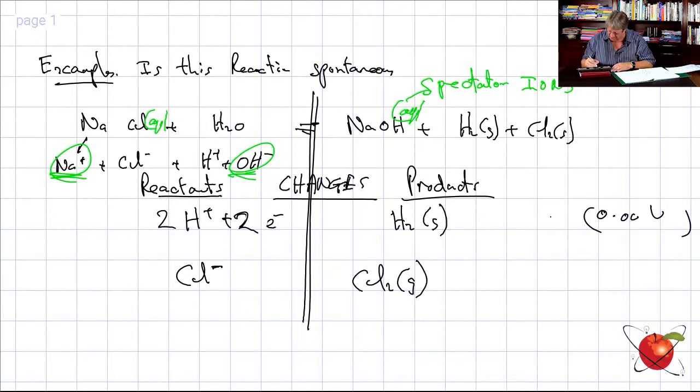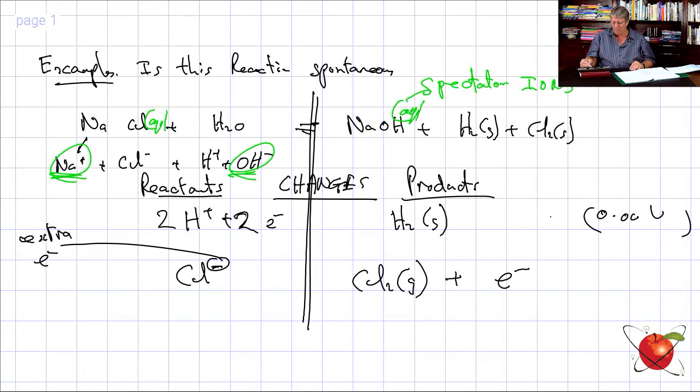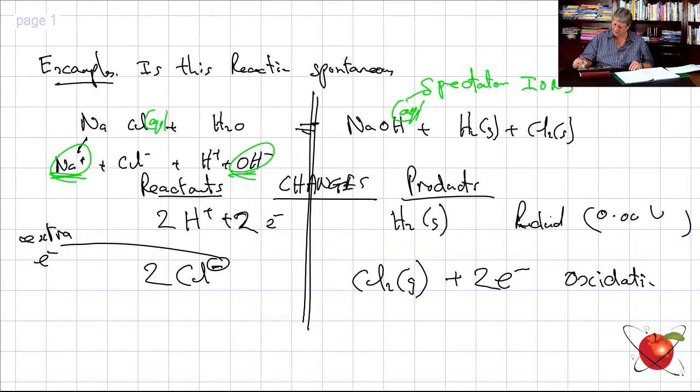So if it changes to the gas, it must lose an electron. But in order to form Cl2, there must be 2 of these and 2 electrons. So this one lost electrons. Oxidation is loss, and reduction is gain.